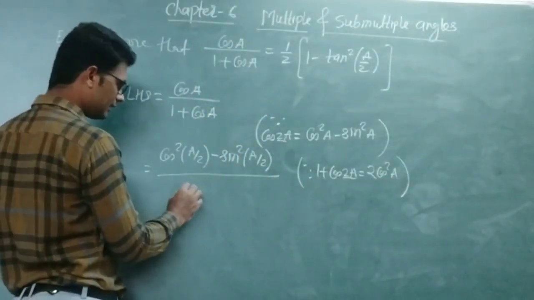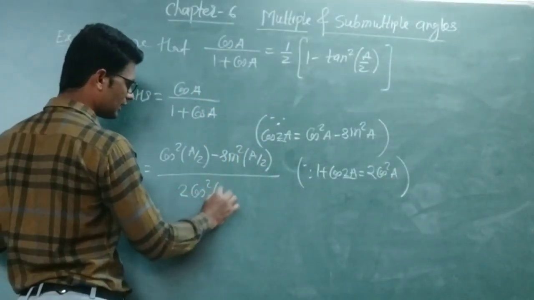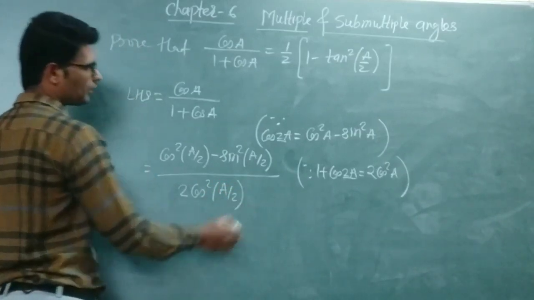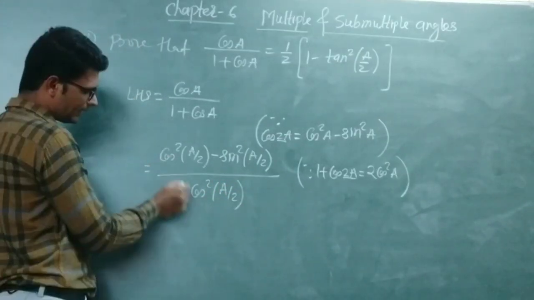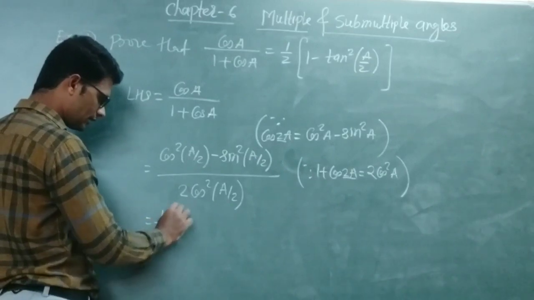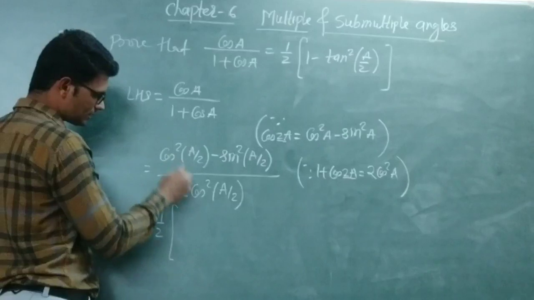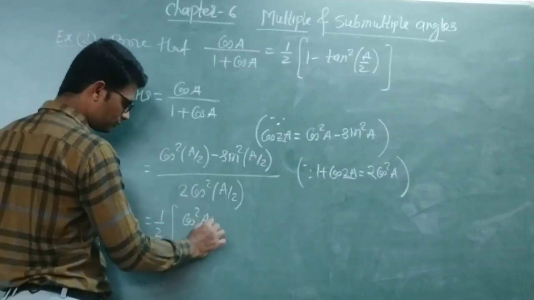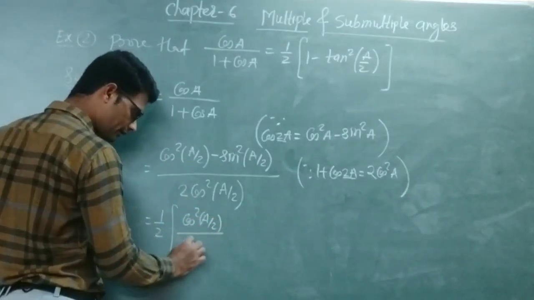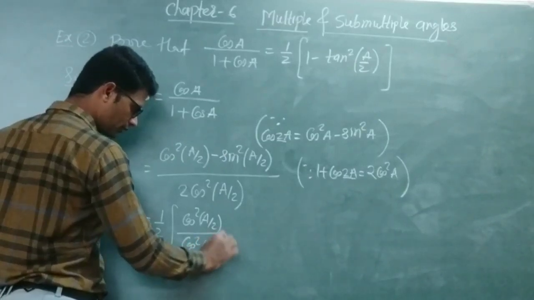So what you will get here is 2 cos square A by 2. Now I can take 1 by 2 outside, and now divide this by cos square A by 2. So cos square A by 2 divided by cos square A by 2.